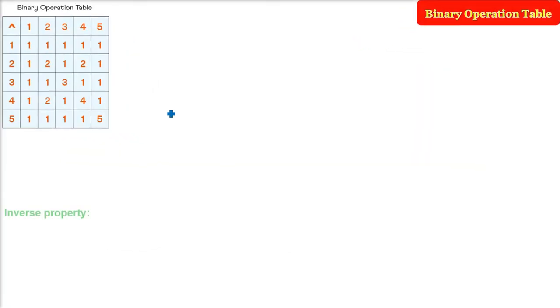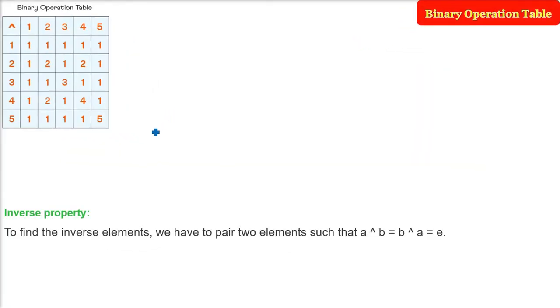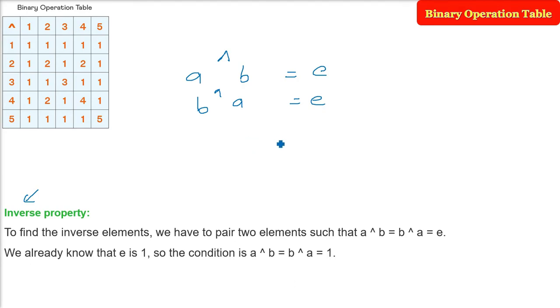Then we have the inverse property. In order to have the inverse property, we need to have the identity. So inverse property is all about showing a pair, A operation B and B operation A, when it gives you the identity element or identity from the same set. A and B and E should be from the same set. So A cap B and B cap A is going to give you E. What does it mean? It means A and B are inverse pairs. A is inverse of B, B is inverse of A. Right? We already know that 1 is the identity of this particular table or this set.